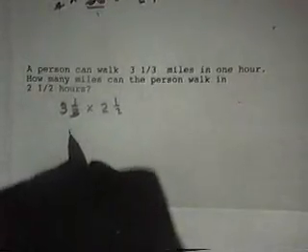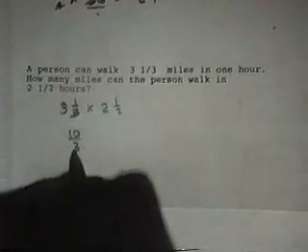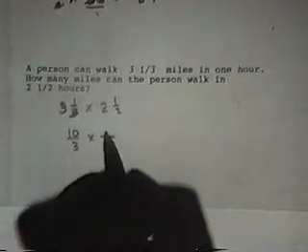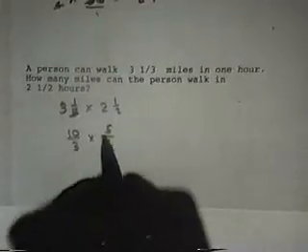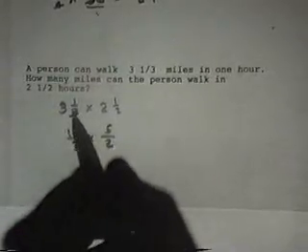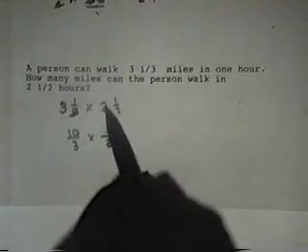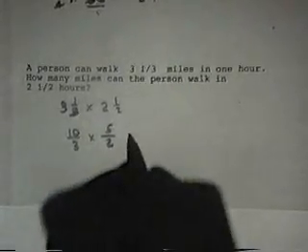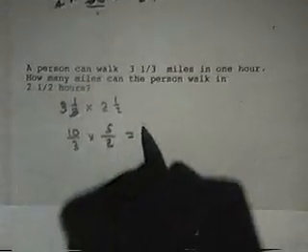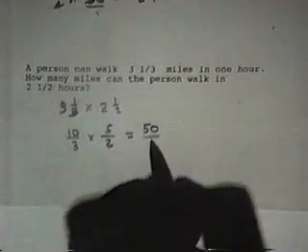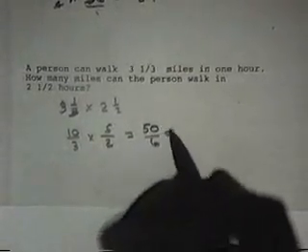All right, now to multiply fractions, we change these to improper fractions. We do that: 3 times 3 is 9, plus 1 is 10. 2 times 2 is 4, plus 1 is 5. Now, multiply that out, that would be 50 over 6, which we can reduce.